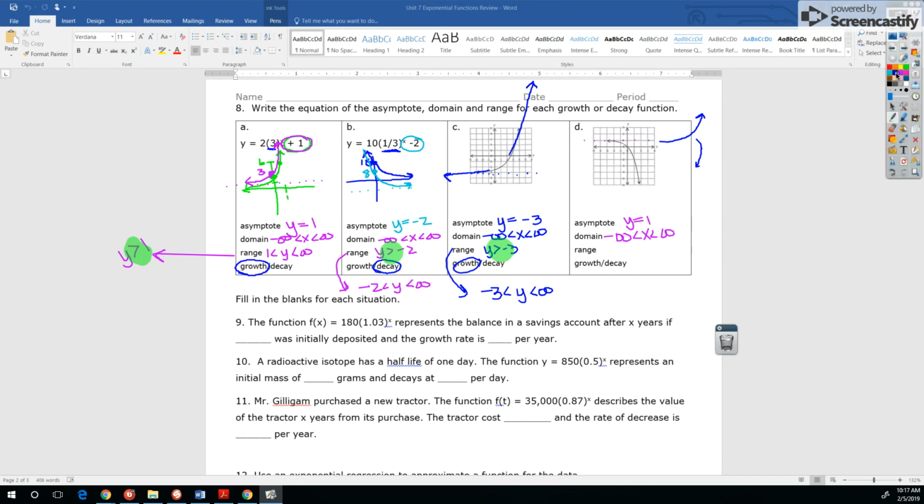I wanted to show you this range. So we're going less than 1. All the y values are less than 1. So we could say y is less than 1, or negative infinity is less than y is less than 1, because we're going down. We're not going up and up and up forever. So just see how this is written backwards. It always goes from least to greatest.